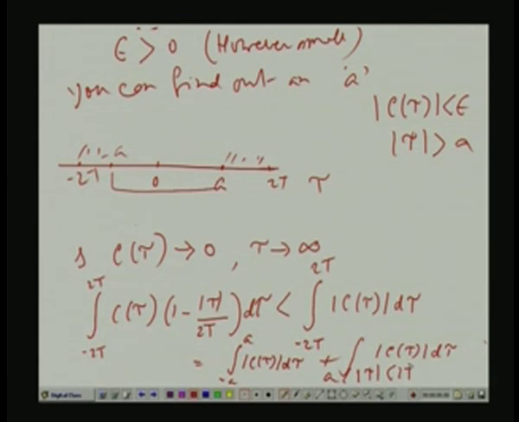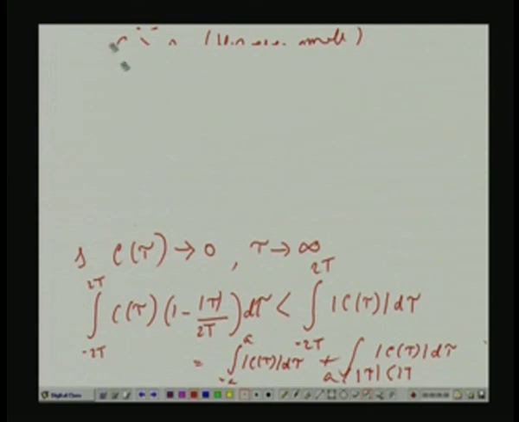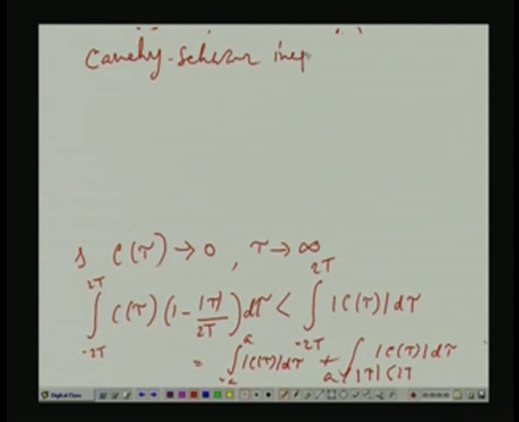Now, we have seen earlier the Cauchy inequality, that C tau is always less than or equal to C 0. Its mod is always less than or equal to C 0. C 0 is positive, so I am not putting any mod.